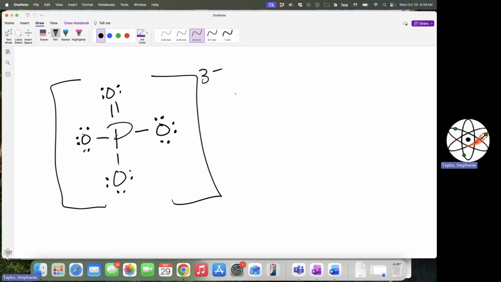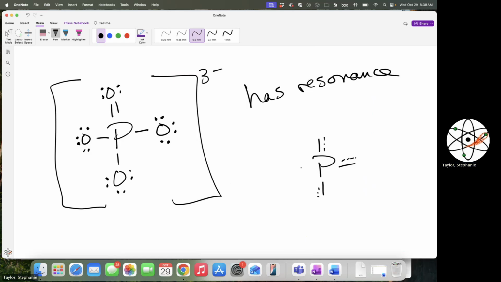Here's phosphate. If I was asking for deviations, at first glance, this looks like it has deviations because of the double bond, but this has resonance, which means that this is really all equivalent bonds. So this is the truth.